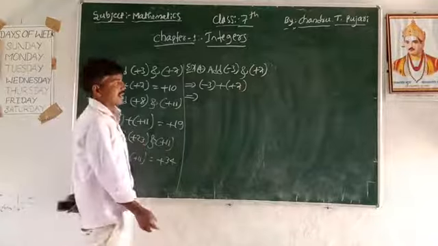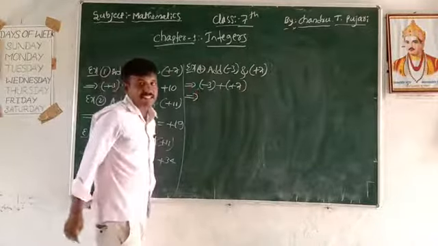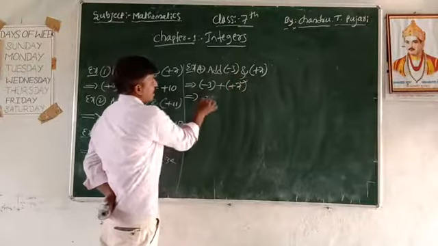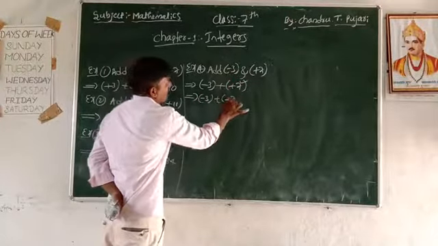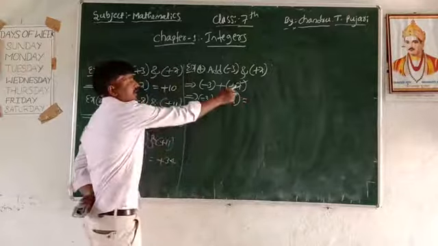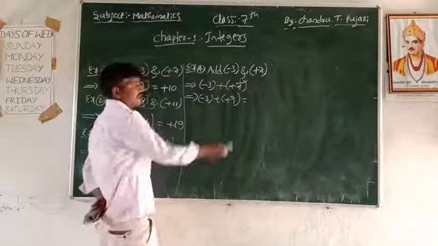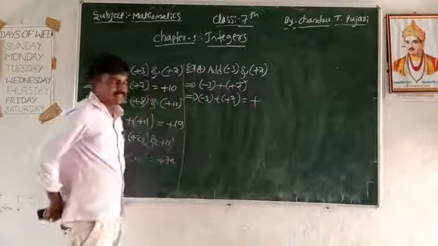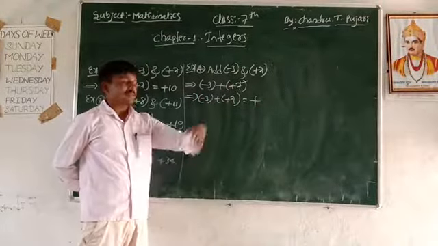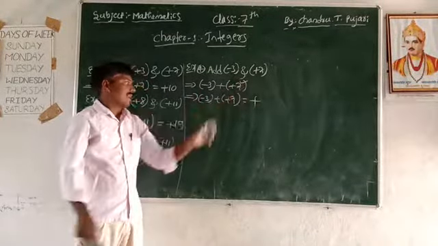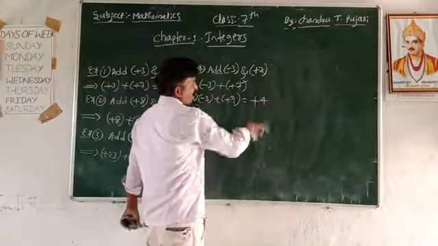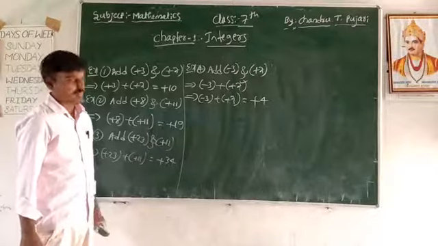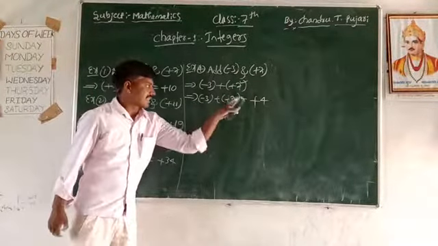You can compare these two integers. Which integer is more? 7 is more. Therefore, minus 3 plus 7: the bigger number is 7, and its sign is plus. You subtract, 7 minus 3, and the answer is 4.